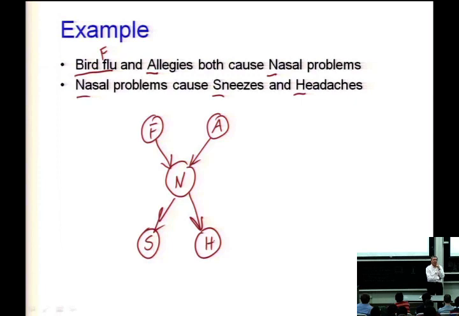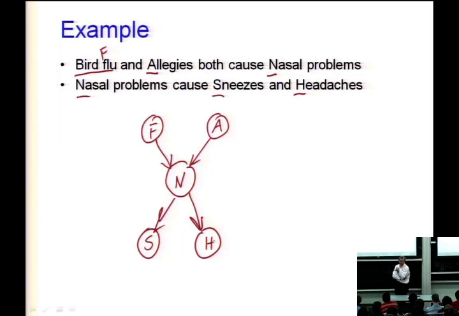Are there any conditional independence assumptions that N is conditionally independent of something given something? H is conditionally independent of F. Yeah, but you're not answering my question. I'm asking, is there one for N? No, there isn't. I don't see one for the rule that we've said: a node is independent of its non-descendants given its immediate parents. N has no non-descendants given its immediate parents, so I don't see any there.